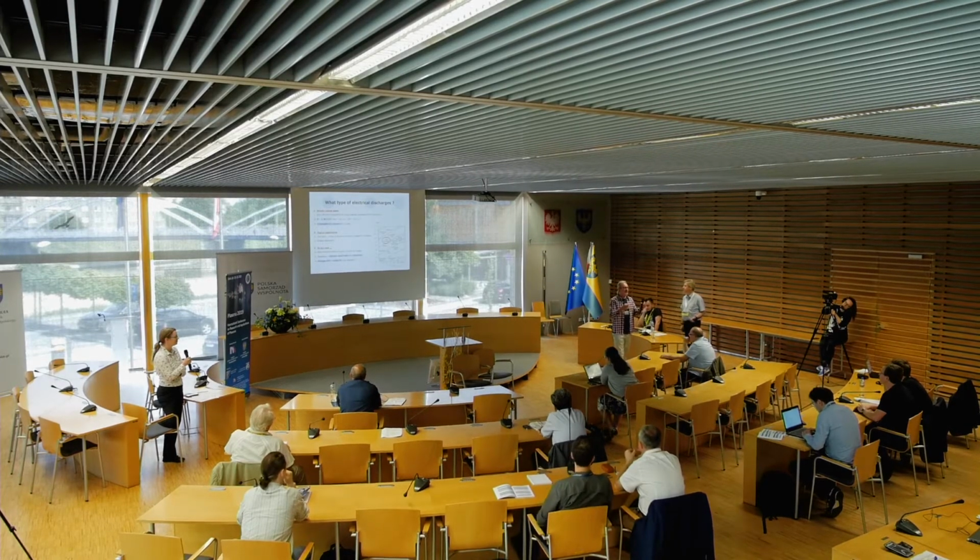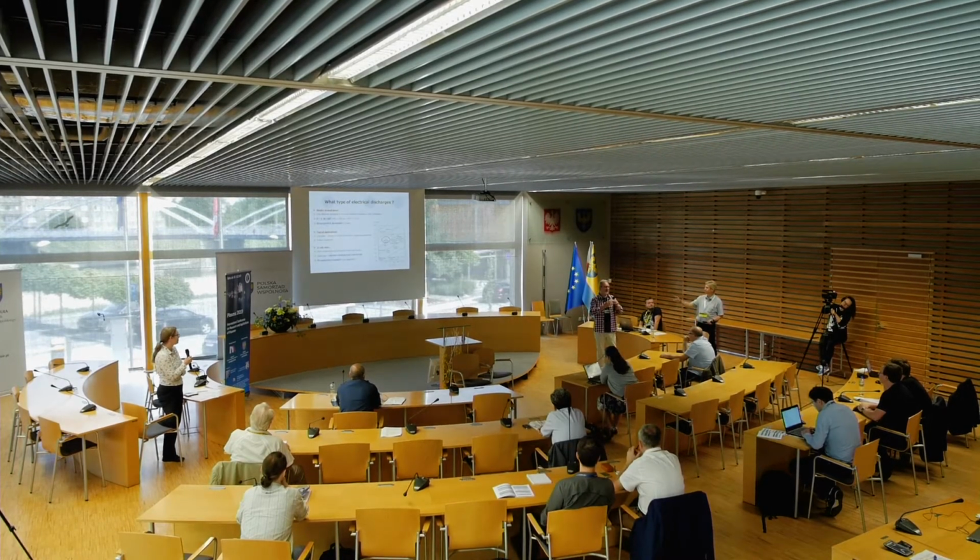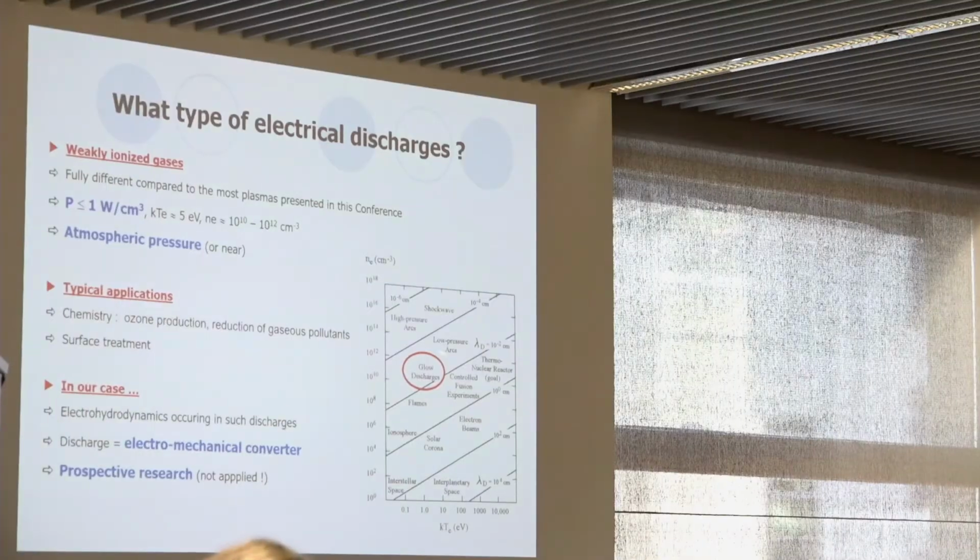I cannot give you a response because typically we are in this zone, below discharge, okay? So energy is this one, density is this one, typically. But it is a mean value.